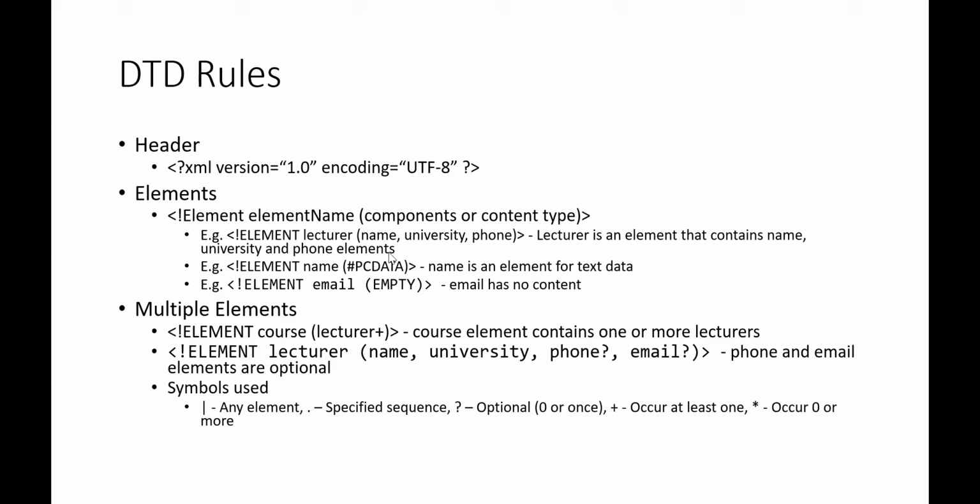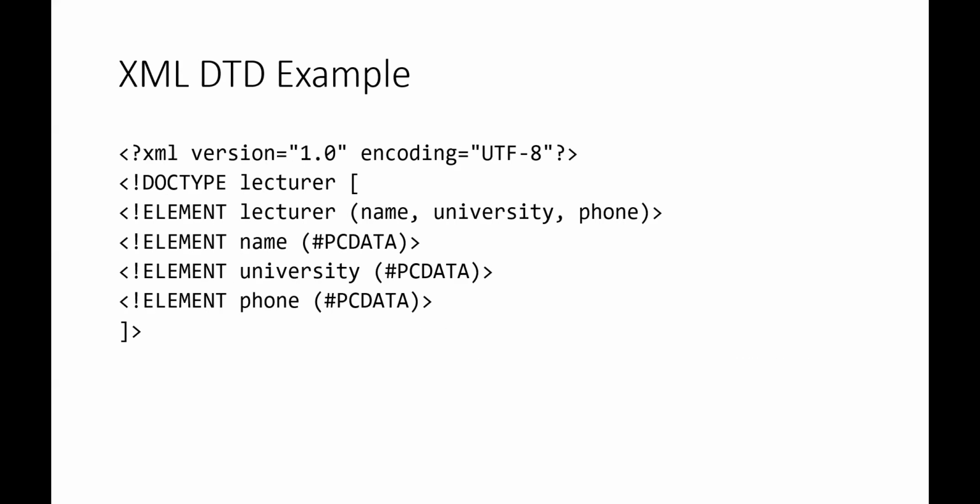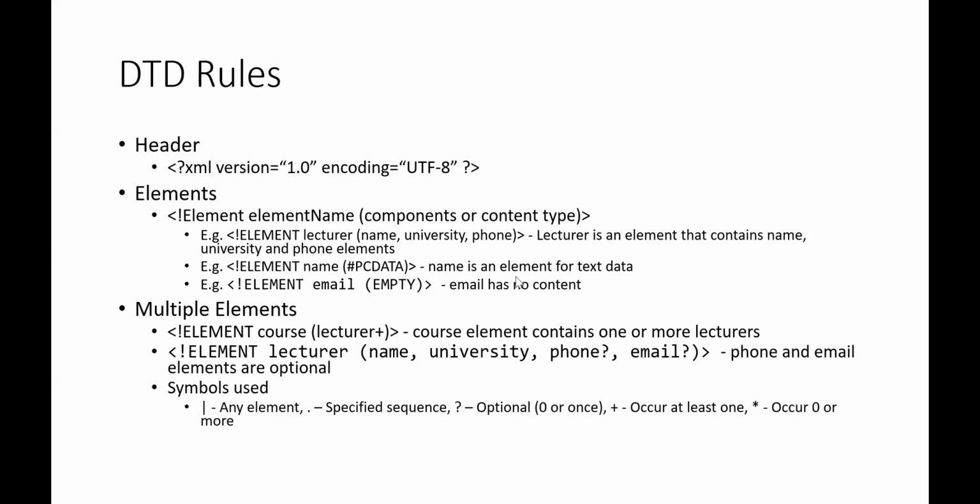So you can see here element lecturer, and you have name, university, and phone numbers. And then you can see the element name, and we say PCDATA. Basically, what we are saying is that name is text data.